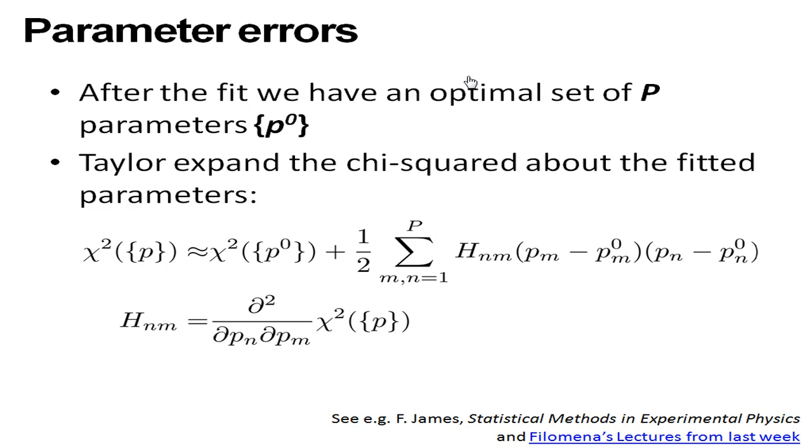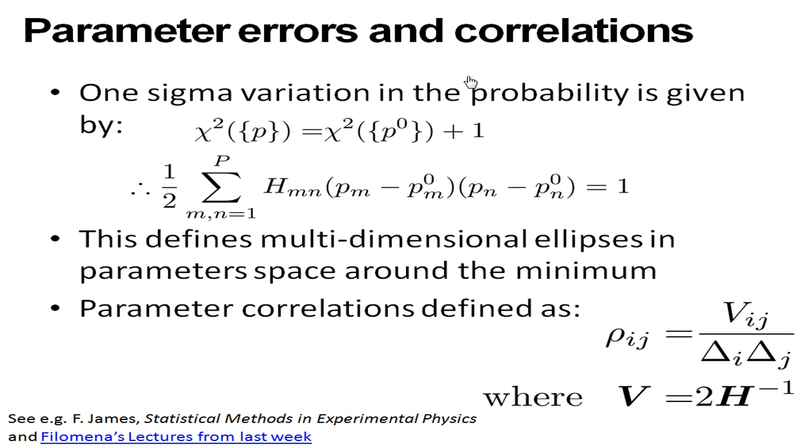Minuit will do this. From this H, to get a one sigma variation in the probability that your fit is correct, you effectively increase the chi-squared above the minimum value by 1. So by varying the parameters, Minuit can establish effectively a kind of multi-dimensional surface in the chi-squared in terms of the parameters where this is true, and from that you get that this derivative matrix times these differences should be equal to 1.